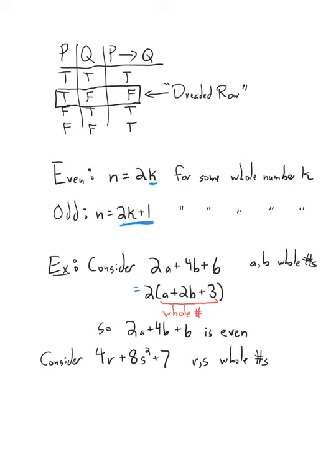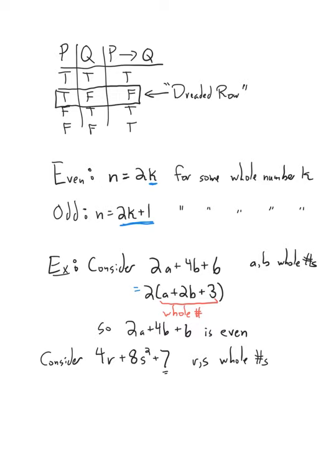I notice that this guy is just 6 plus 1. If I take away that plus 1, I have that same idea as up here, where I have a factor of 2 in each term, which I can take out.